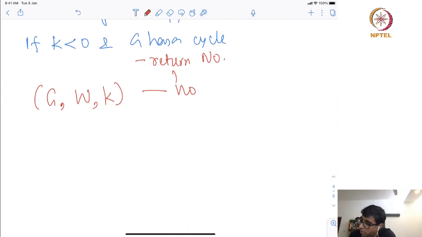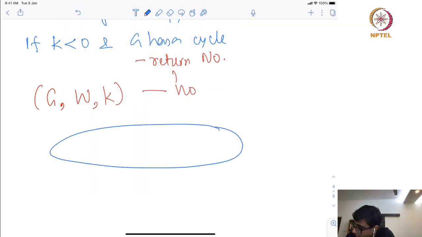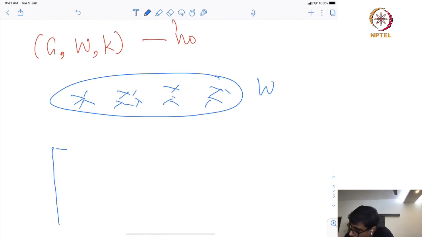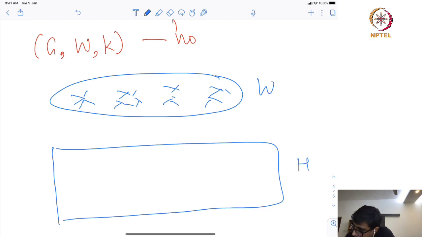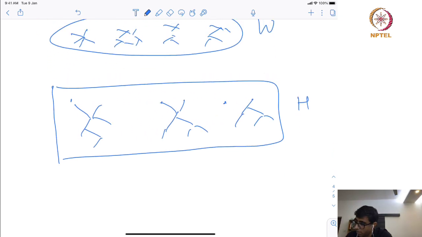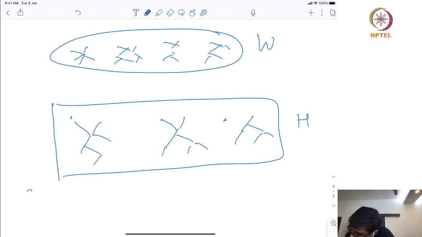So let's look at how the world looks. Here is my W, and this is also some forest. Here is my H. Now, since H is a forest, what can we say?